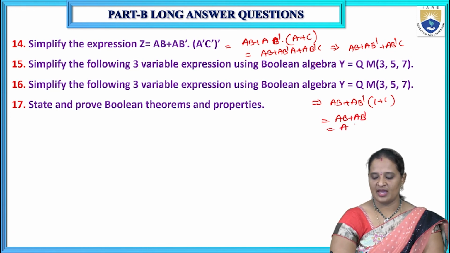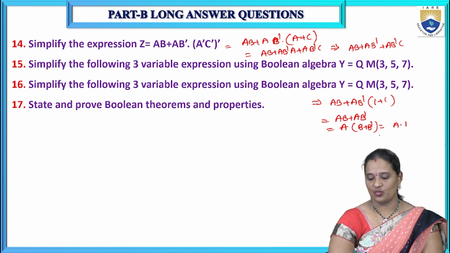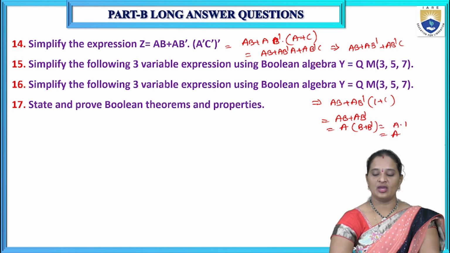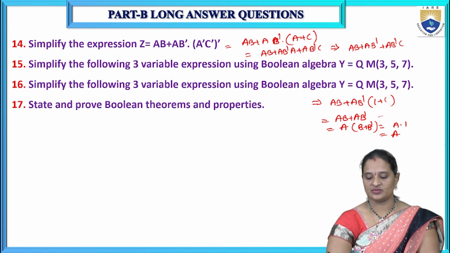Now I take A as common, B plus B complement. So what can I get? A into 1, so it is A, because B plus B complement is 1 and similarly 1 plus C is 1, right?